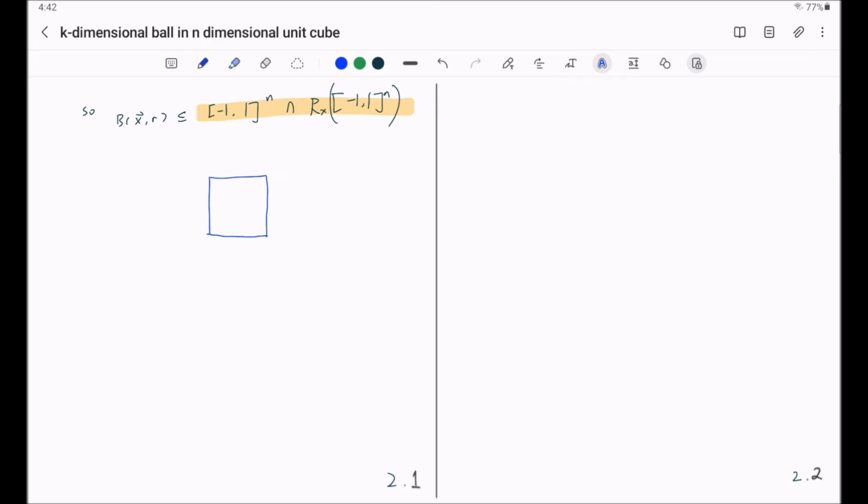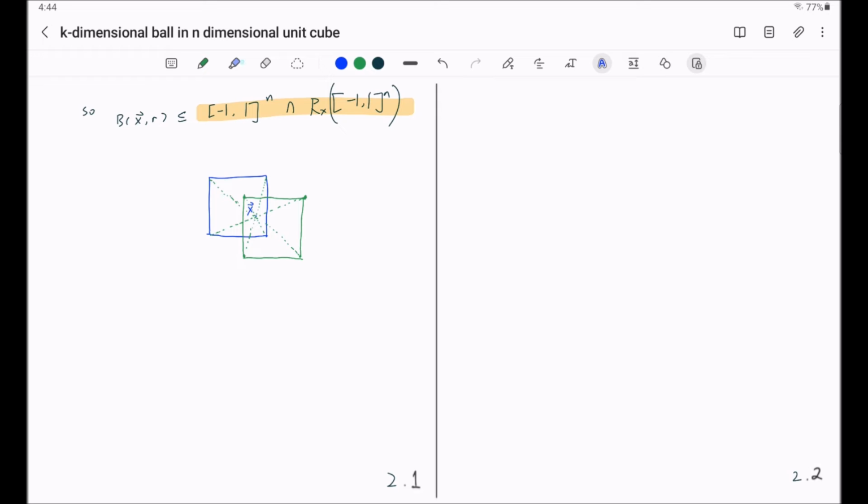If this is this cube, and this point is the x, now we're going to do this reflection of the cube about x. And it is not hard to see this reflection is again a cube, which can be viewed as a translation of the original cube.